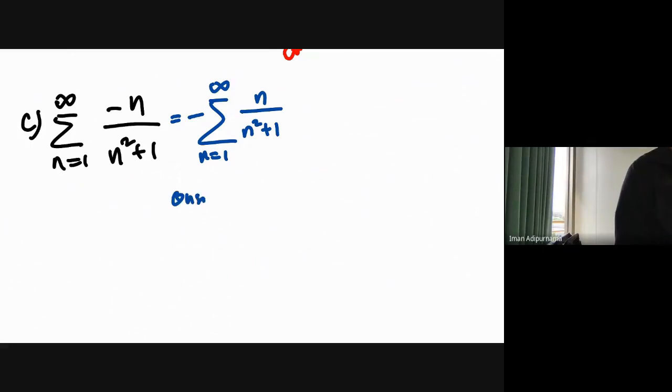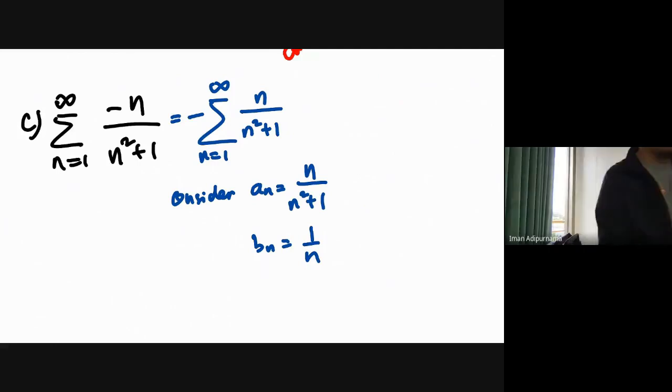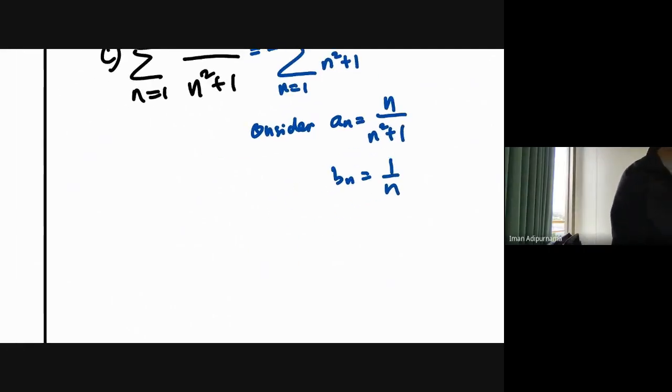And consider, let's say this is an and bn is 1 over n.